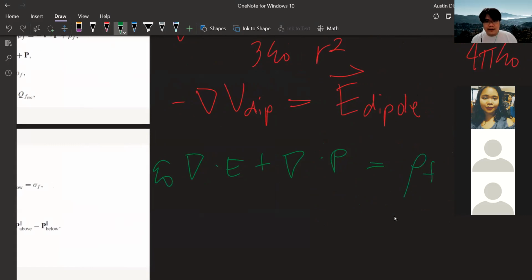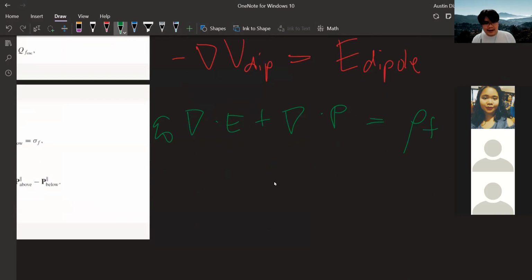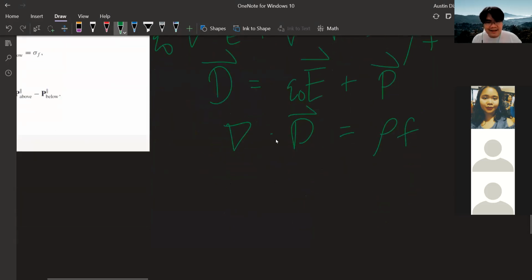rho F. Okay? Now, I can write tinatawag natin electric displacement D, which is just epsilon naught E plus P. Okay? So that I can now write this down as del dot D equals rho F. Okay, this is nice.